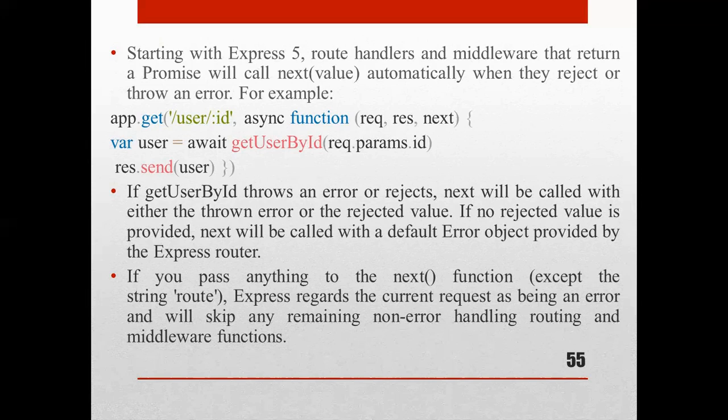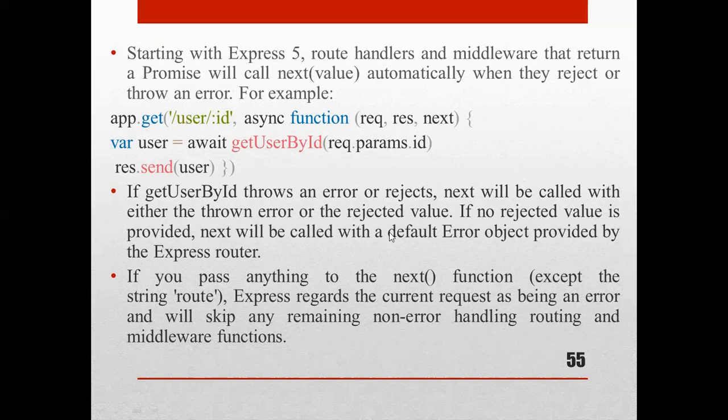So if the getUserById function throws an error or rejects, the next function will be called with the thrown error or the rejected value. If no value is provided, next will be called with the default error object provided by the Express router.